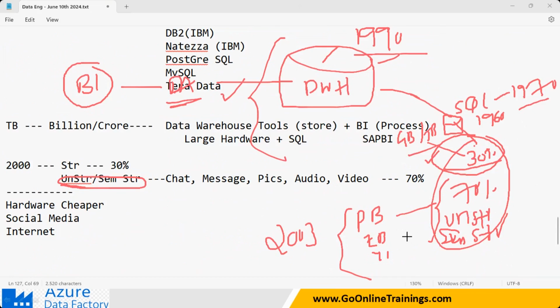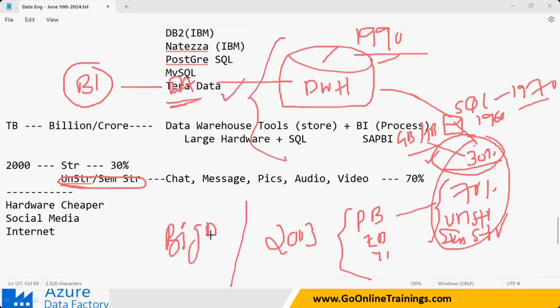This was first observed by Google in year 2003. They have given a good name to this kind of unstructured data or semi-structured data, maybe structured data also. When you have a large amount of data, this name is called big data.